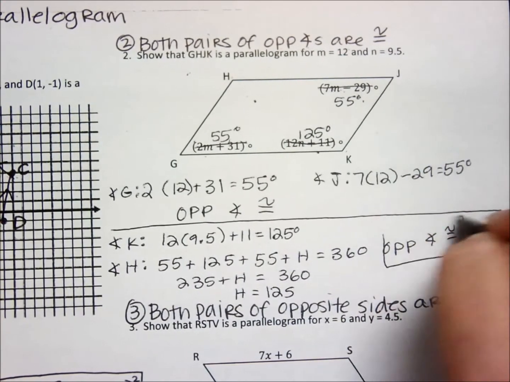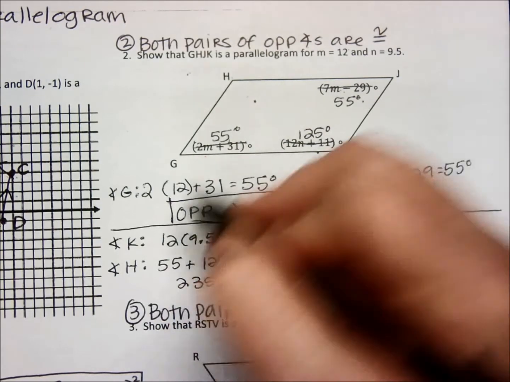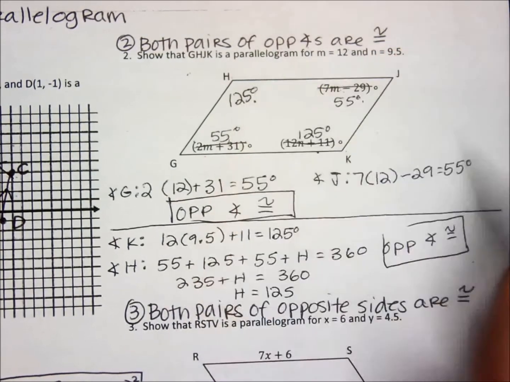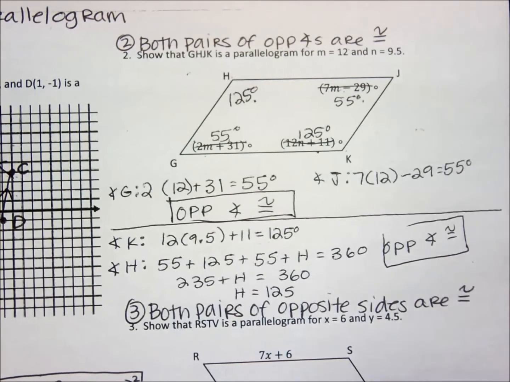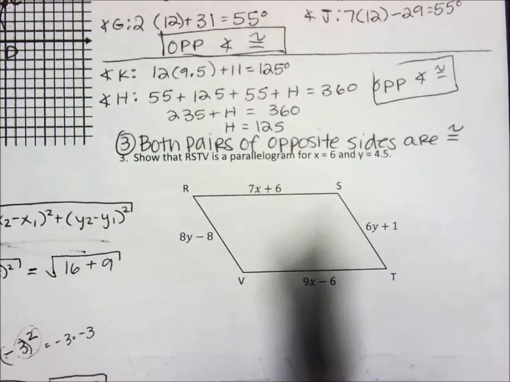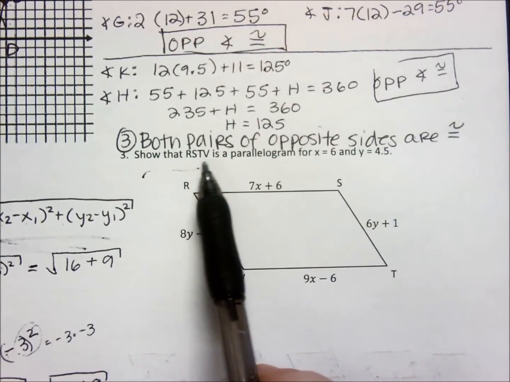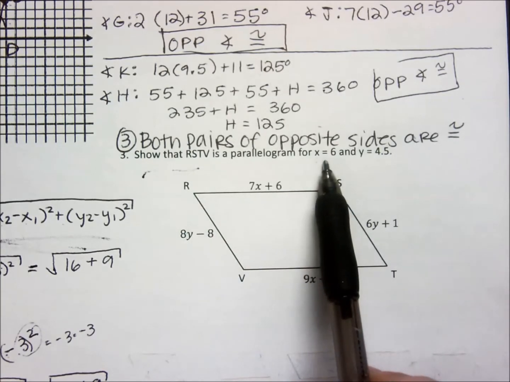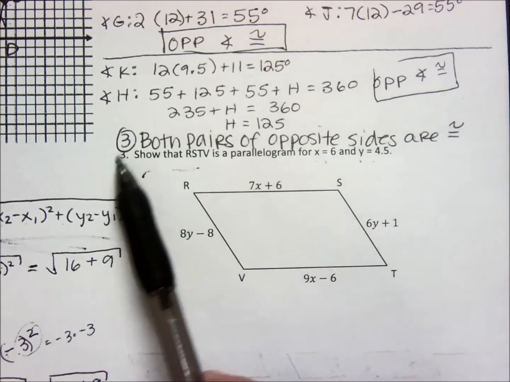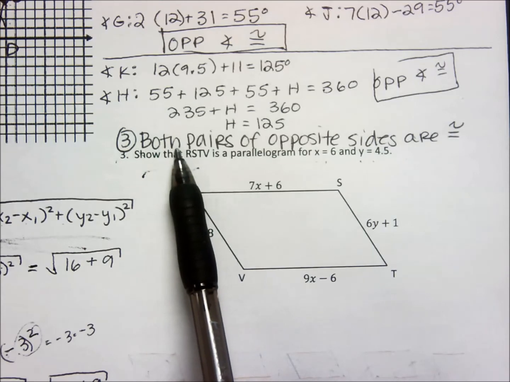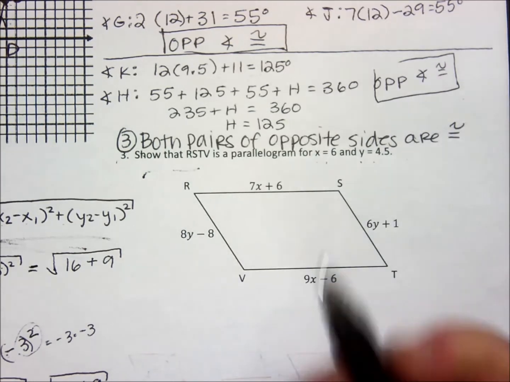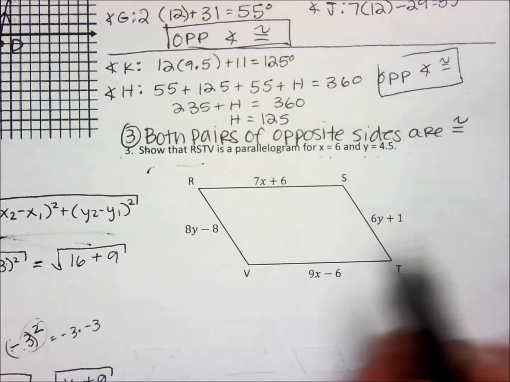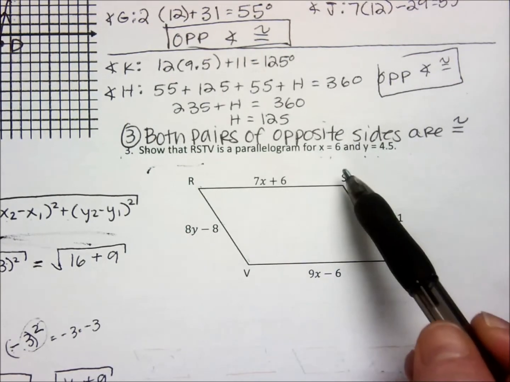So since I have two pairs of opposite angles that are congruent, I can say that this is a parallelogram. So let's look at the last one. The last one says, show that RSTV is a parallelogram for x equals 6 and y equals 4.5. So in this one, to prove it's a parallelogram, I have to have both pairs of opposite sides congruent. So let's focus on RV and ST first.